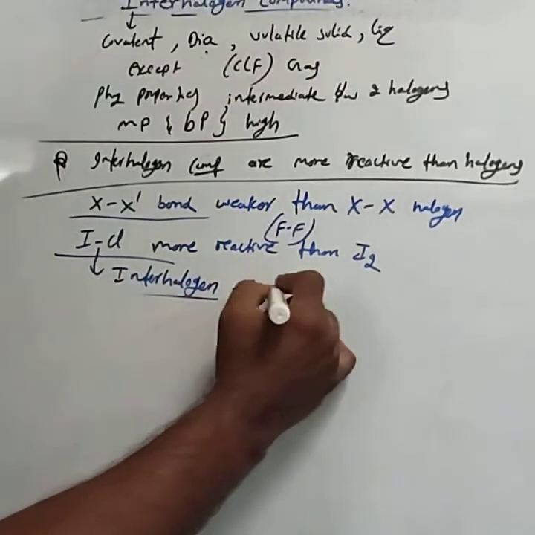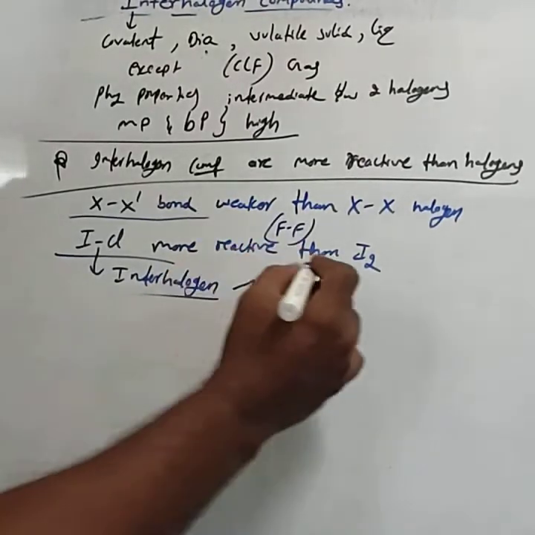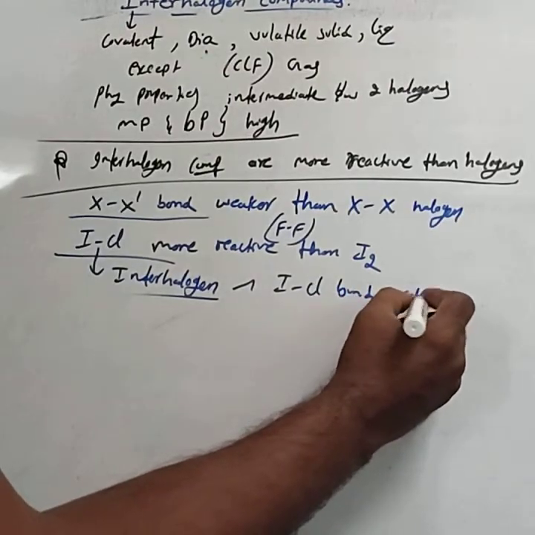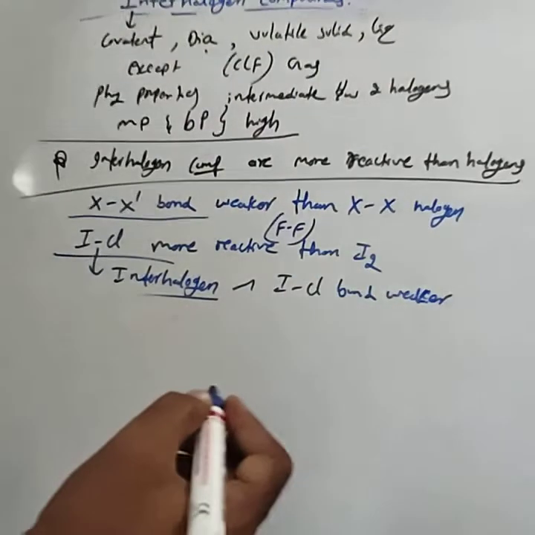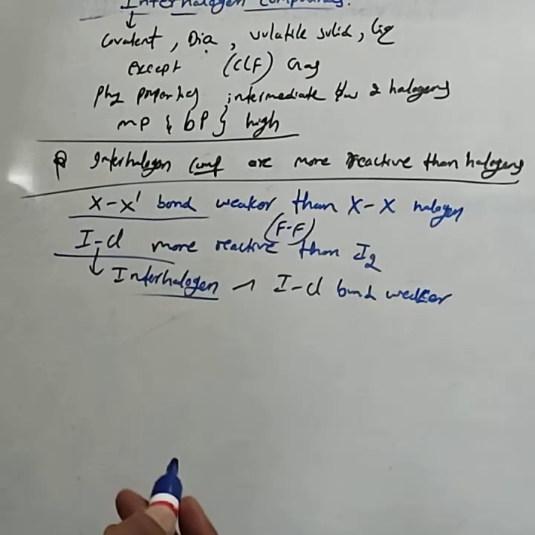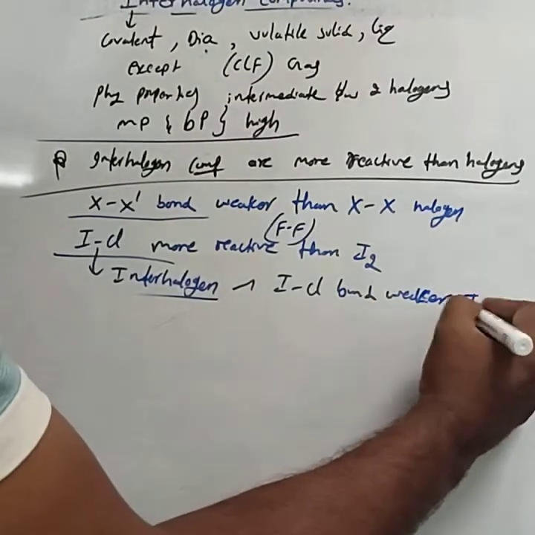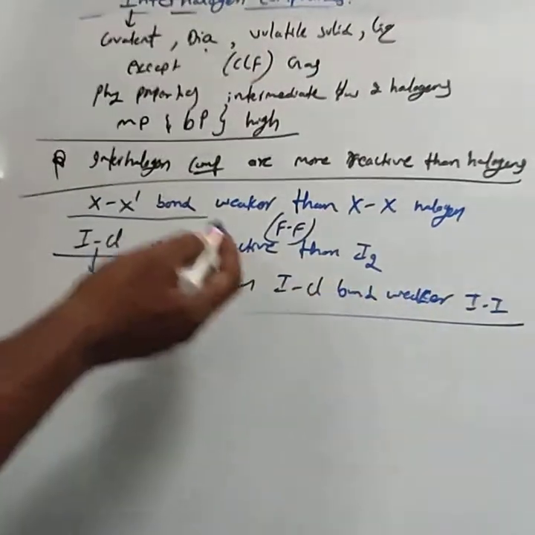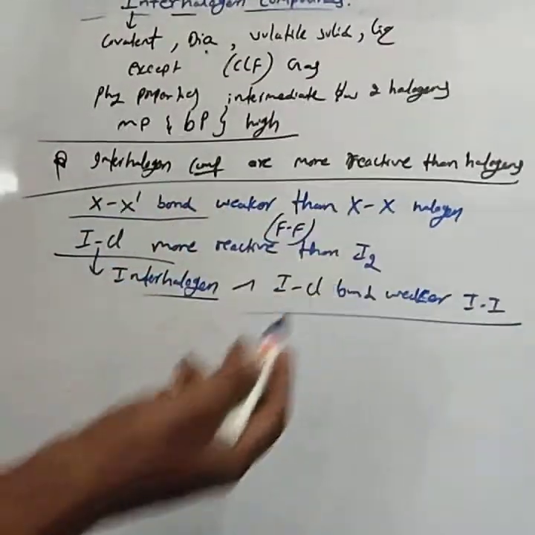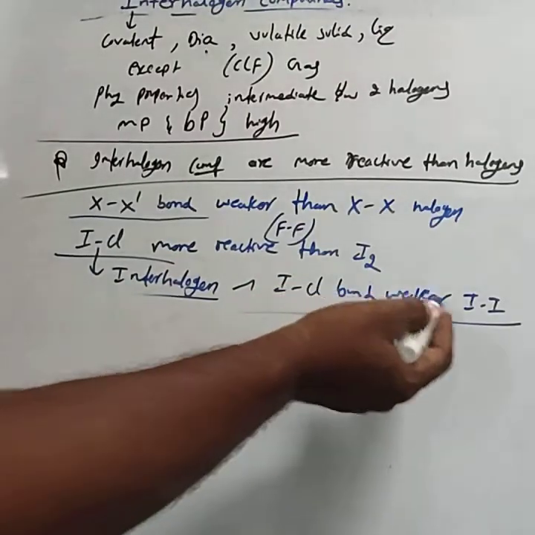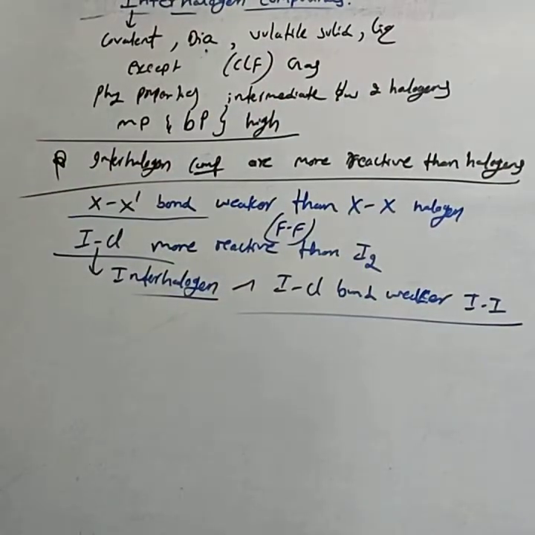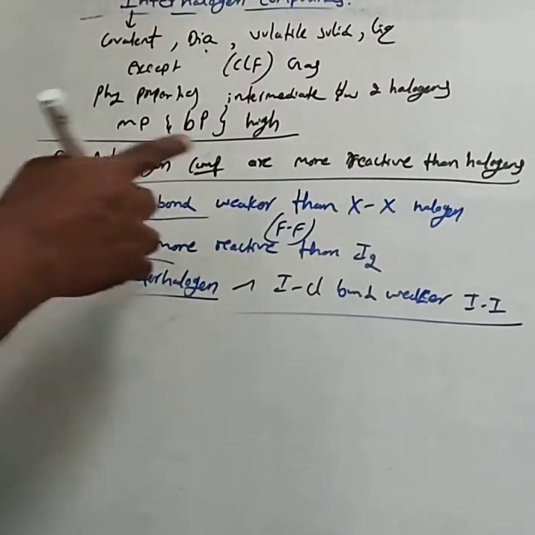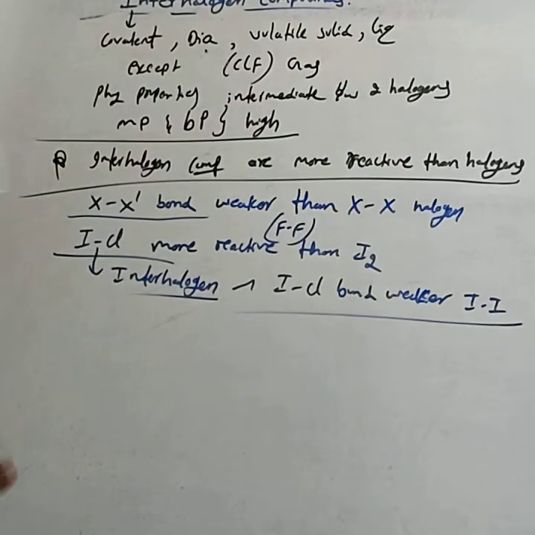The I-Cl bond is weaker than the I-I bond. Due to the weaker bond, its bond dissociation enthalpy is very low. Hence, ICl is more reactive than I2. This is the most important reason.